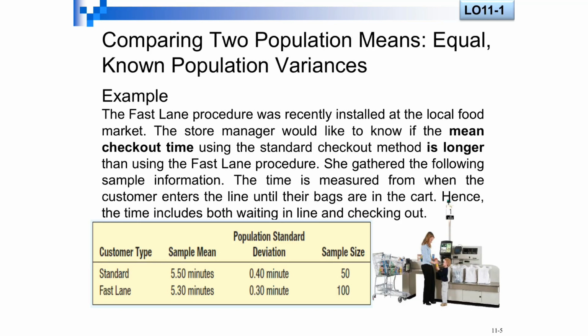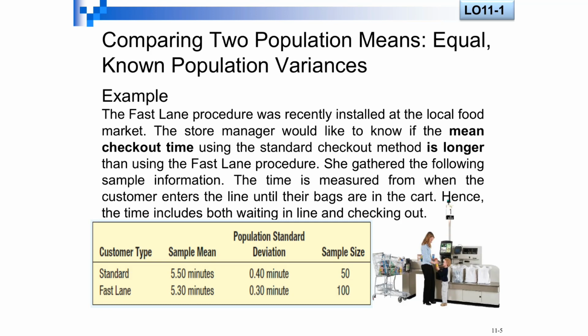Look at the example here. We have two lanes in one supermarket, and they want to know which one is faster. They're comparing them together. The store manager would like to know if the mean checkout time using the standard checkout method is longer than using the fast lane procedure. You already know how to write the hypothesis because the keyword here is longer, right?